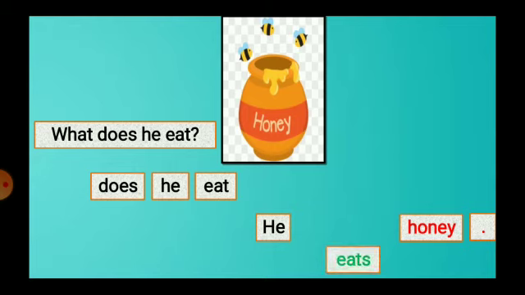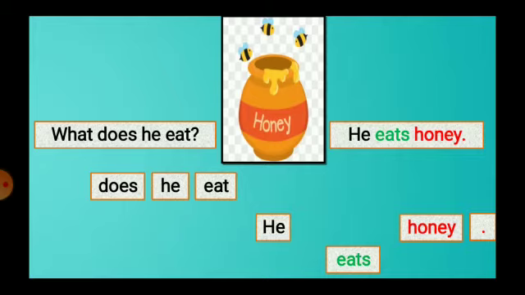So, the answer becomes he eats honey. Right? Similarly, what if in the question it is said does like? Then instead of writing does like, we will say likes. Then if it is does play, then we will say plays. Right? So this is how we form the answers correctly.